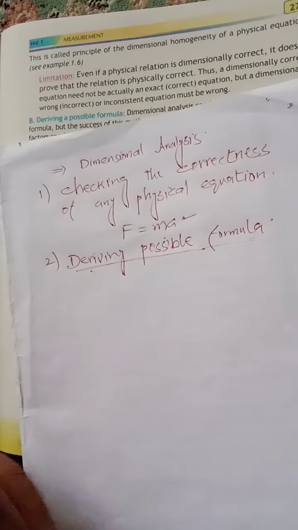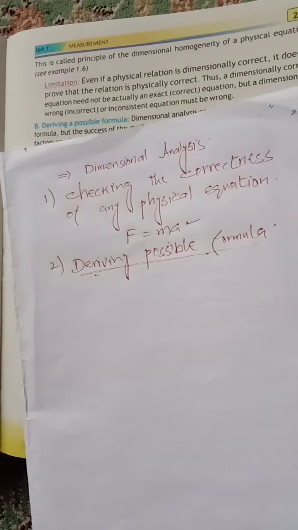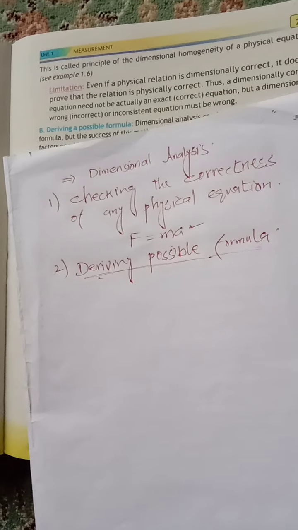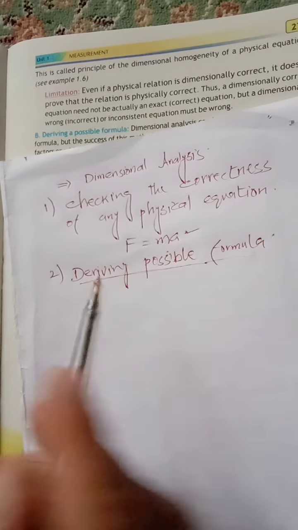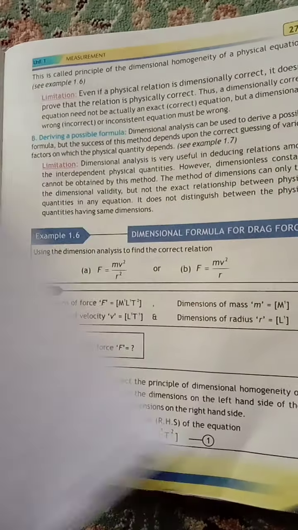But in our previous class, we were done with checking the correctness of any physical equation. Some of the students were having a problem with deriving possible formulas. So in this lecture, I want to discuss assignment 1.7.